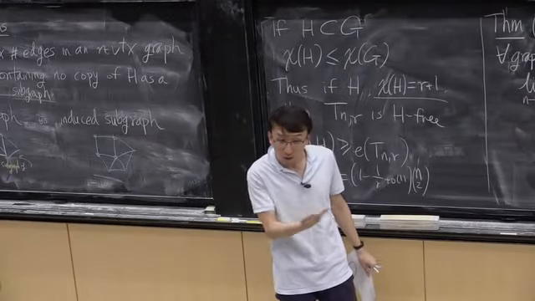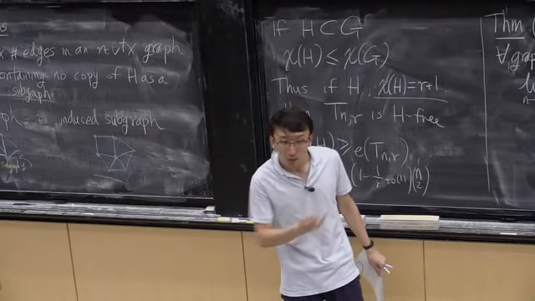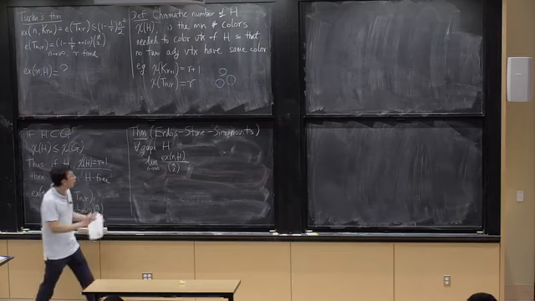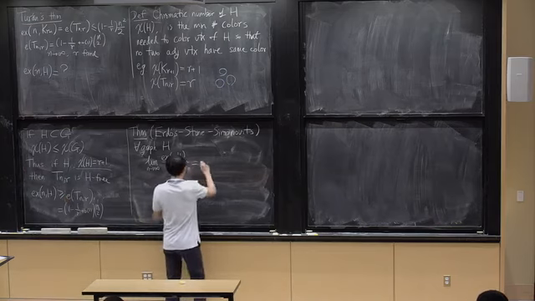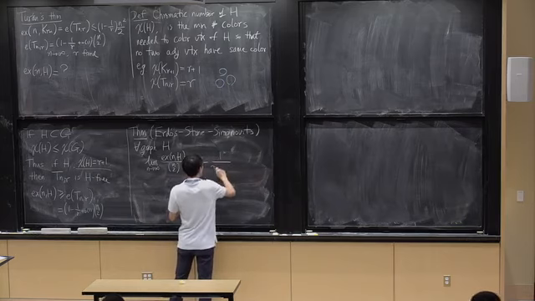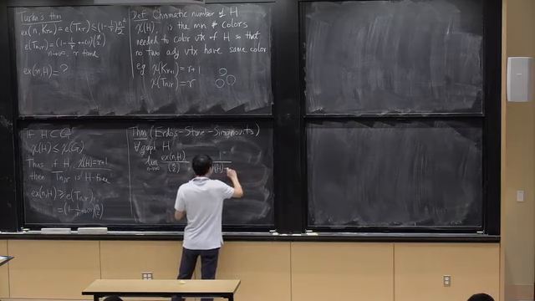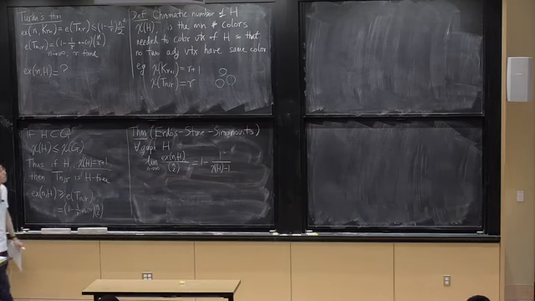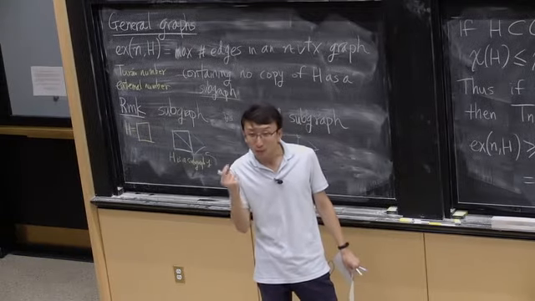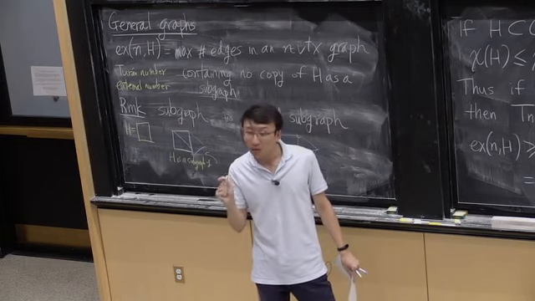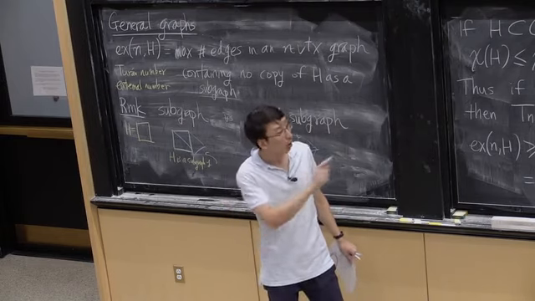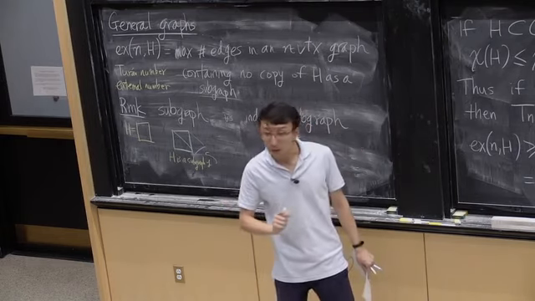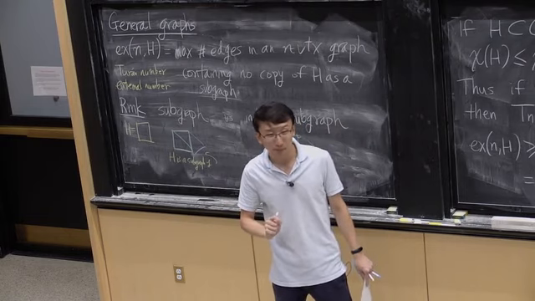So here, this is the edge density. This quantity here is equal to 1 minus 1 over chi of H minus 1. So knowing the chromatic number, in some sense, completely determines how big the extremal number should be.